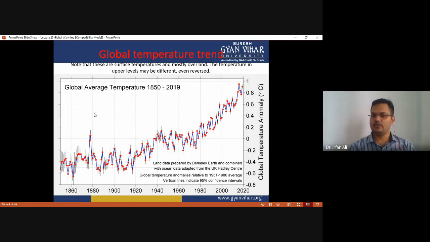The global temperature anomalies are relative to the 1951 to 1980 average, and the vertical line indicates the 95% confidence interval, meaning this data has been statistically proven. These are surface temperatures, mostly over land, and the temperature in the upper levels may be different, even reverse. You can see that the trend is a continuous rise in temperature up to 2020.